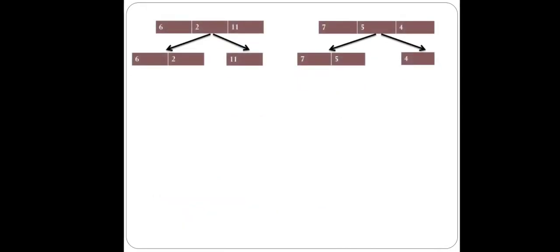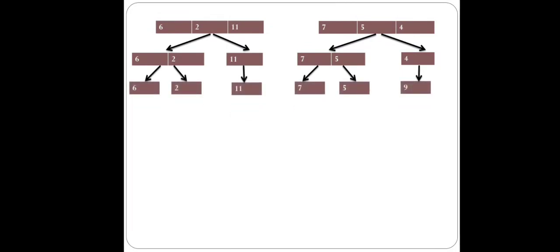We are going to continuously divide the array until we get the smallest instance. In the merge sort algorithm, our smallest instance is until we get one element in an array. After getting one element in the array, our division is done.